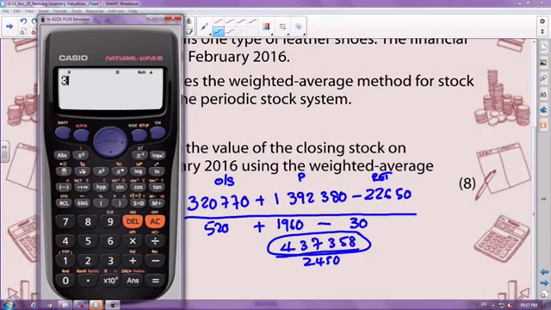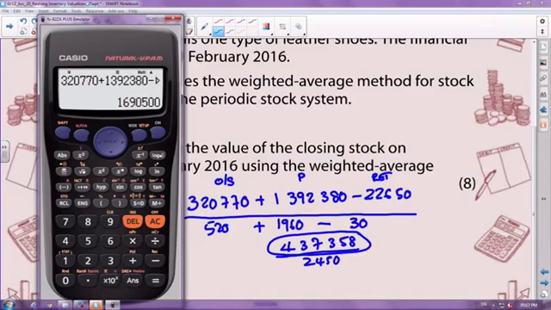So it's 320,770 plus 1,392,380, right? Minus 22,650, and there goes. Can you see? Definitely that calculation is wrong.